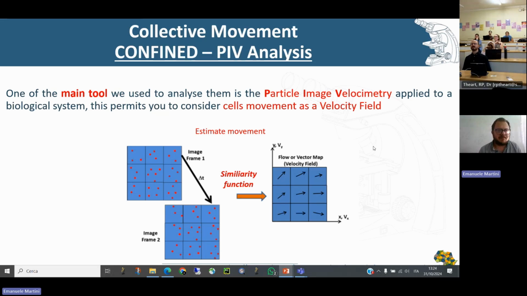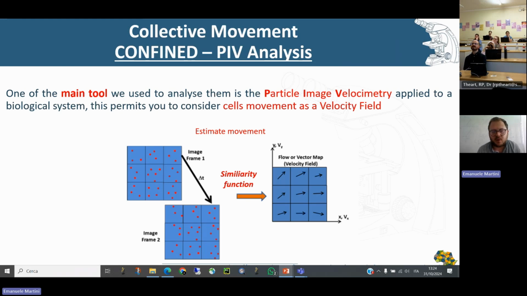This is an algorithm that has been developed over many years outside of biological systems, related to physical systems, to see how a fluid such as water moves in a confined space.